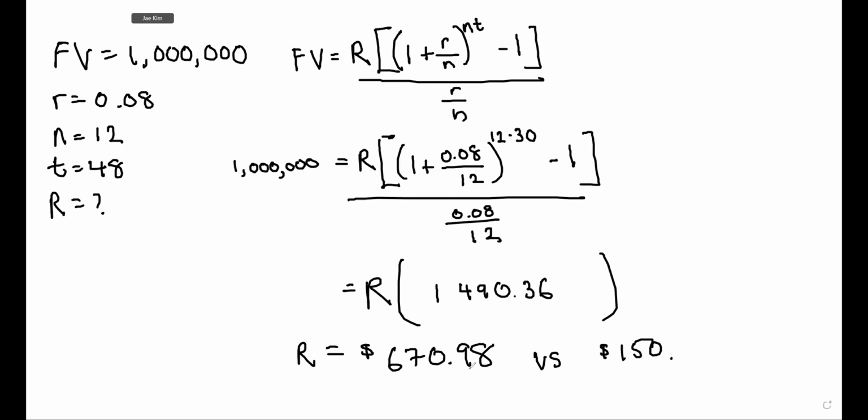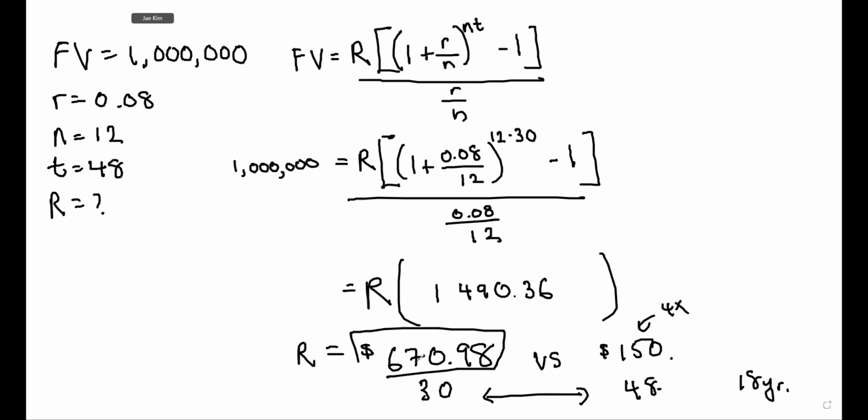Because this is because of 30 years of investing versus 48. I missed 18 years of investing, right? What does that mean? This is 650. That's like times 4. This is more than 4 times how much you're doing it.